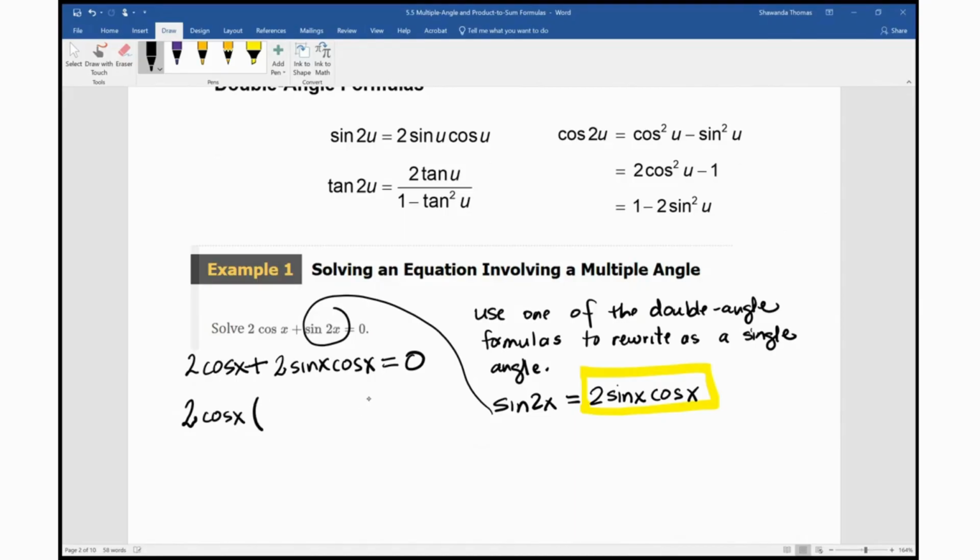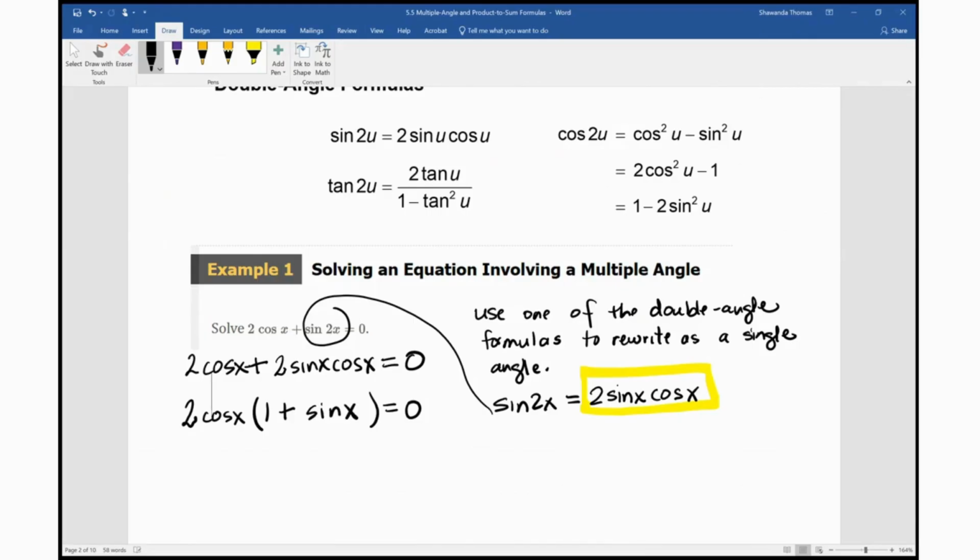Then we're going to put a parenthesis like this, and then we say 2 cosine x times what is 2 cosine x? 2 cosine x times what will give us back that? 1 plus sine x.